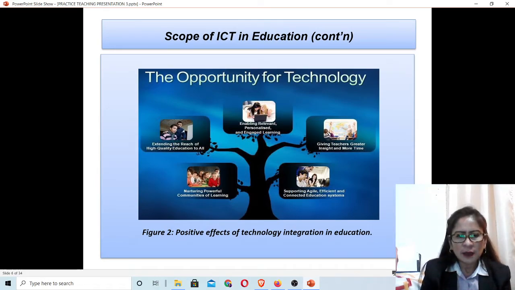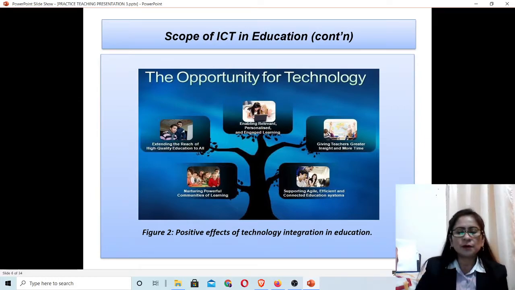These are the positive effects of technology integration in education.